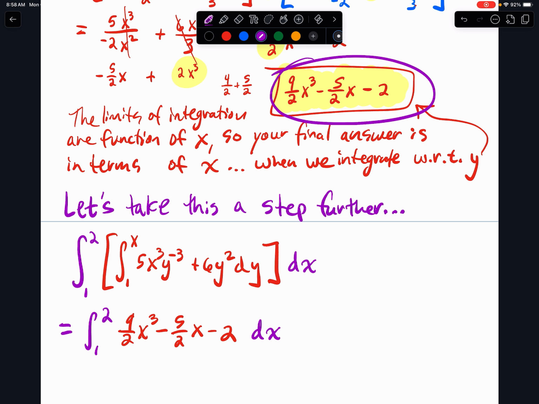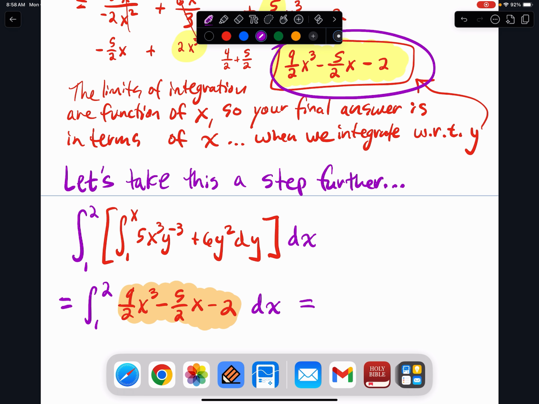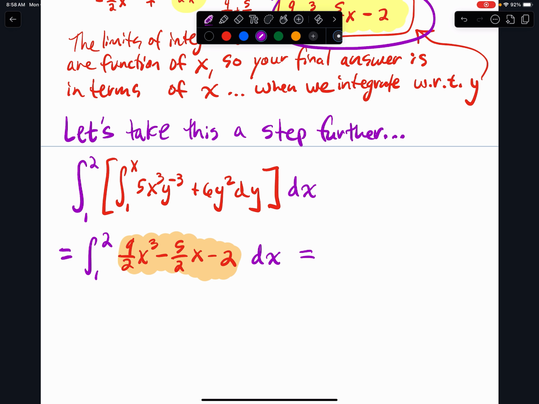Okay. So whenever I do that, what's going to happen? I'm going to get a number. Okay. So you guys all know how to integrate this. If I do this, add 1 to it. So 9 over 2, x to the 4 over 4.